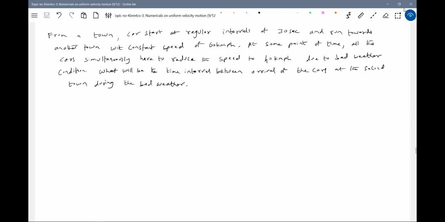At some point of time, all the cars simultaneously have to reduce the speed to 40 km per hour due to bad weather. What will be the time interval between arrival of the cars at the second town during the bad weather?